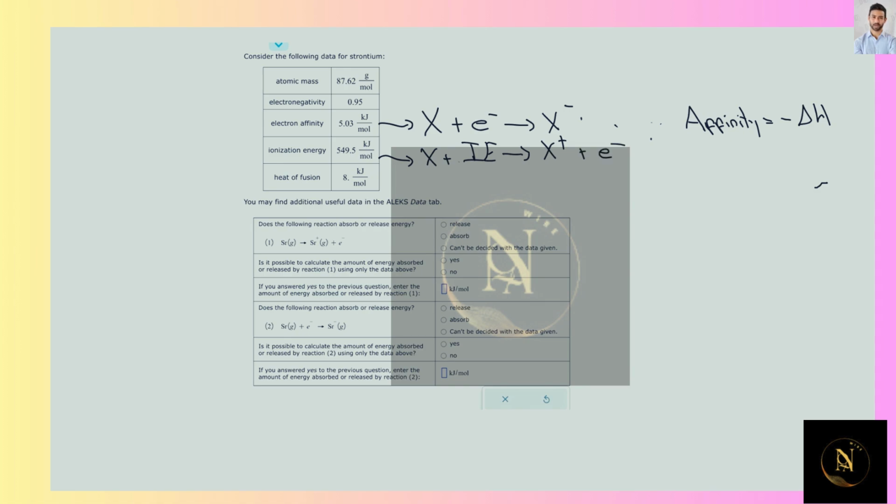So now, instead of using an element X, we can directly put the values for strontium.